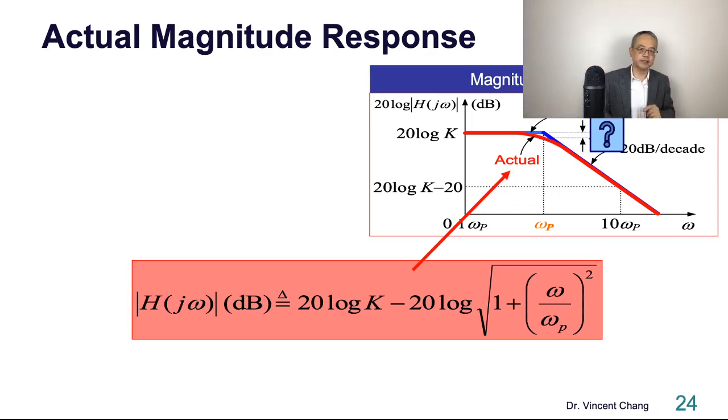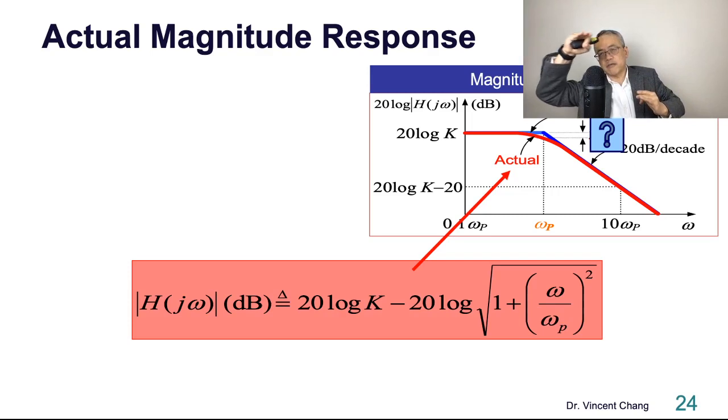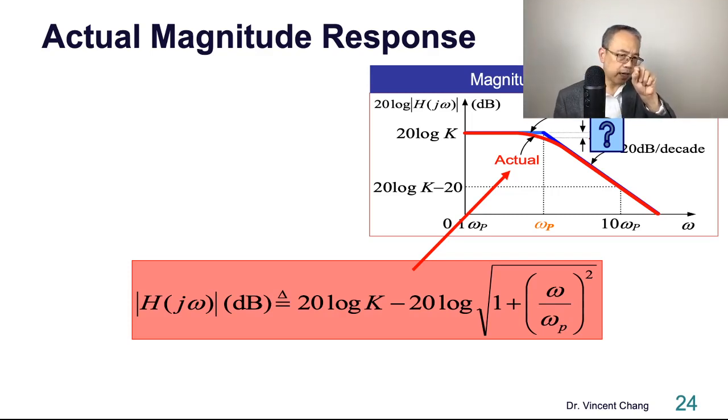But where does the difference reach the maximum? At the pole frequency, right? At high frequency, they almost coincide with each other. At very low frequency is the concept of asymptote. But at this frequency, omega p is the biggest error.